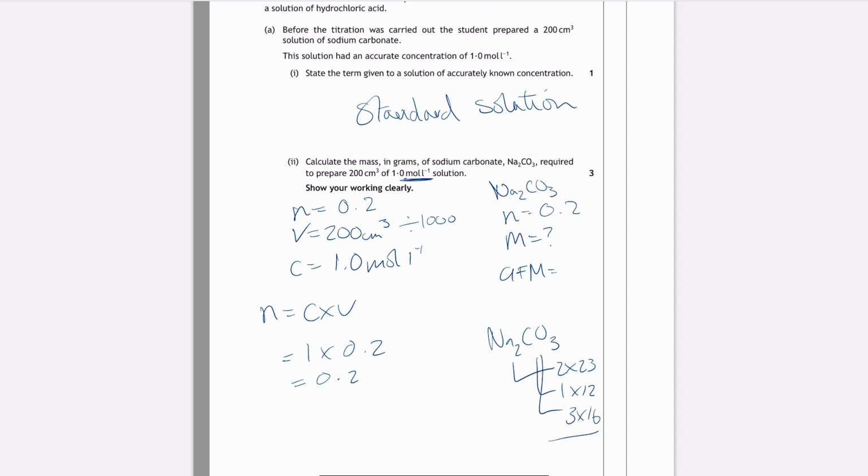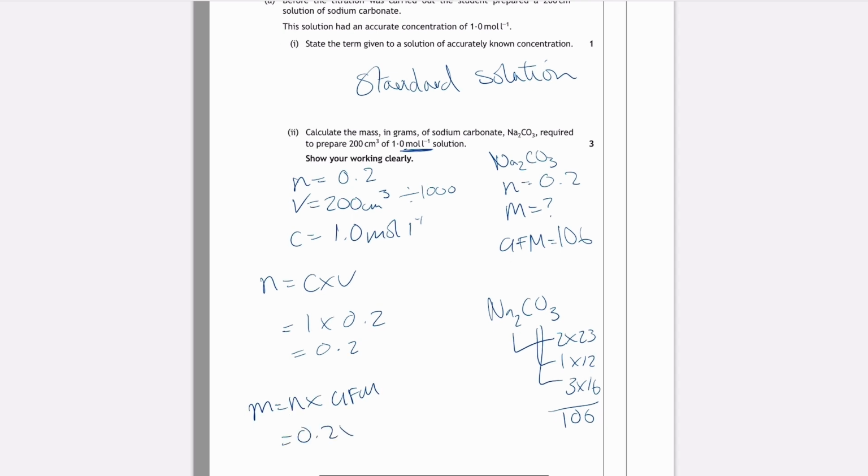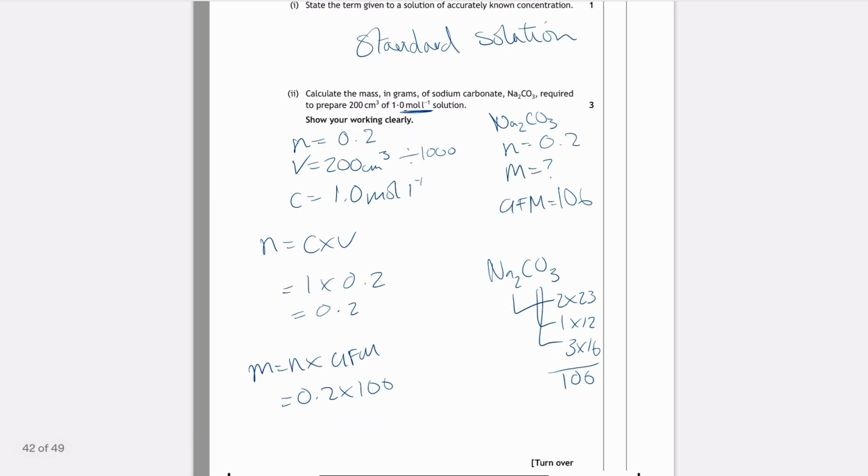If we add that all up, we should get 106. Then to work out the mass, that's n times GFM. So that'd be 0.2 times 106, which in our calculator gives us 21.2 grams. You could round that to 21 grams if you wanted to, that's no problem, just as long as your rounding is correct.